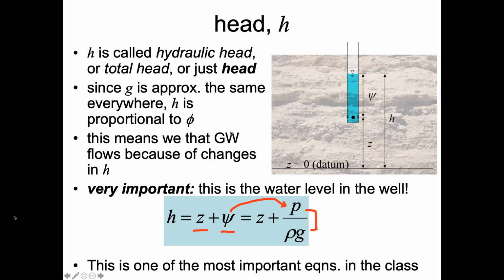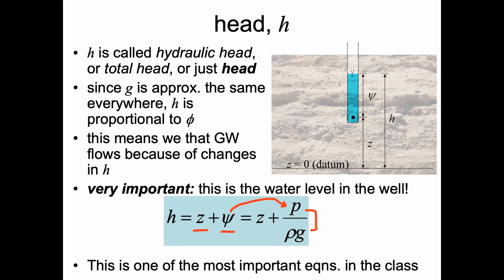Head is called the hydraulic head, or the total head, or just head. You'll hear these different terms used, so put them all on your equation sheet to be able to identify what H is. G is always approximately the same everywhere. So H is proportional to the fluid potential.